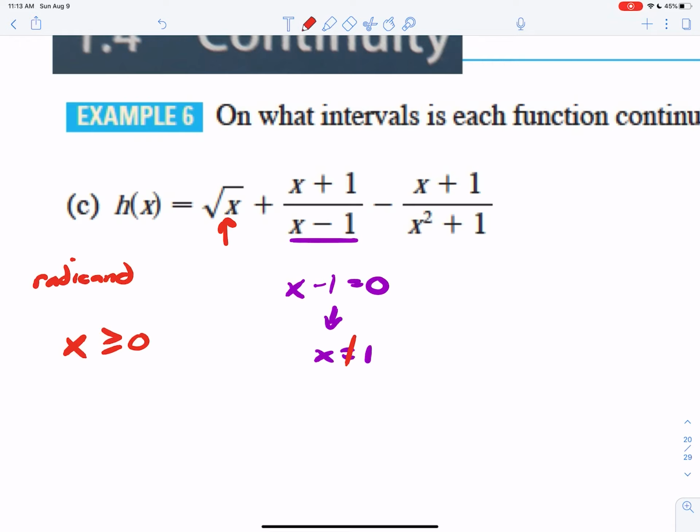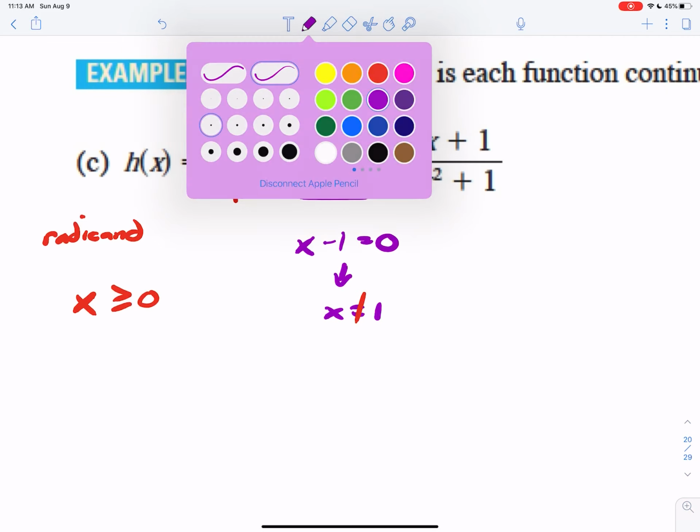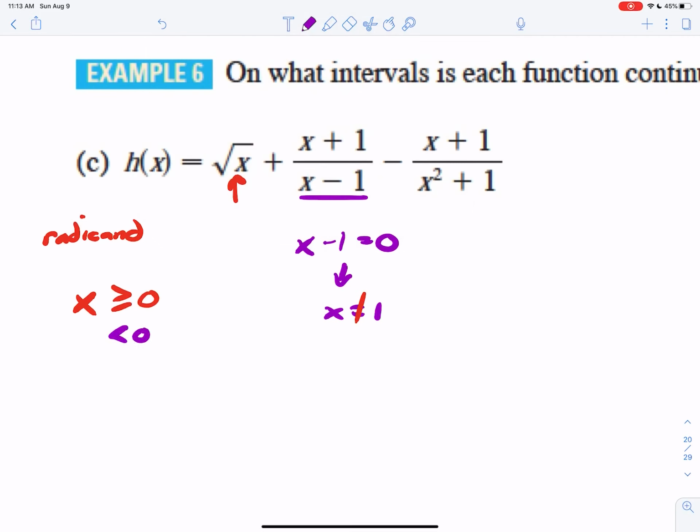Think about that. What numbers are greater than 0? Right? Positive numbers. Okay? Positive and 0. So what we're doing here is we're not letting this be less than 0, because numbers that are less than 0 become negative. So we're making sure that this radicand stays either 0 or positive, okay?